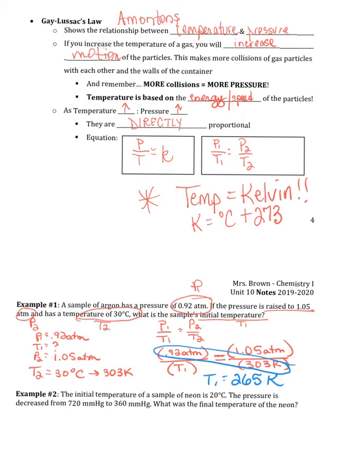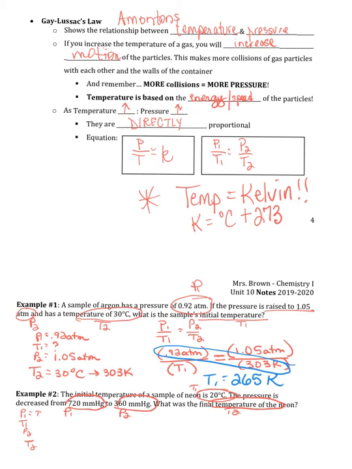All right, next we have the initial temperature. So there's a T1. And it says the pressure is decreased from this, so that's a P1, to this, so that's a P2. And they want the final temperature, that's a T2. So we'll set up our table, P1, T1, P2, T2.